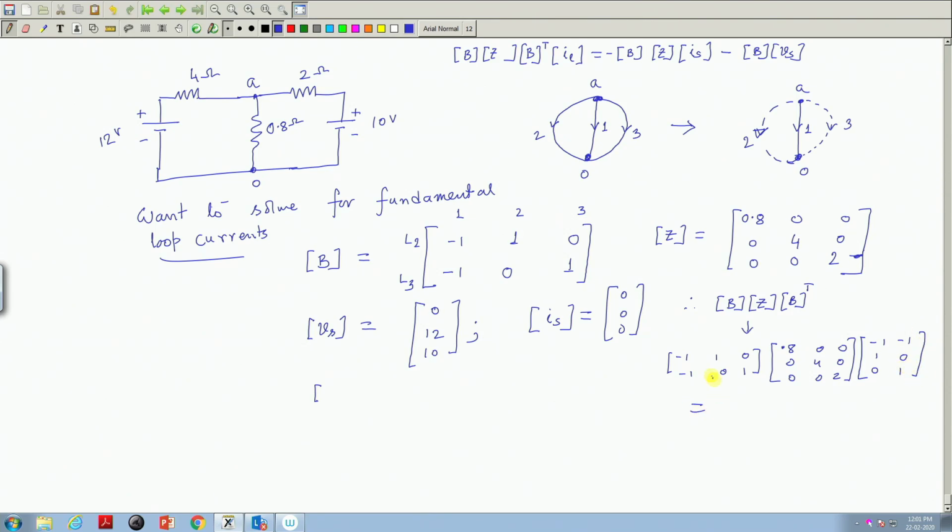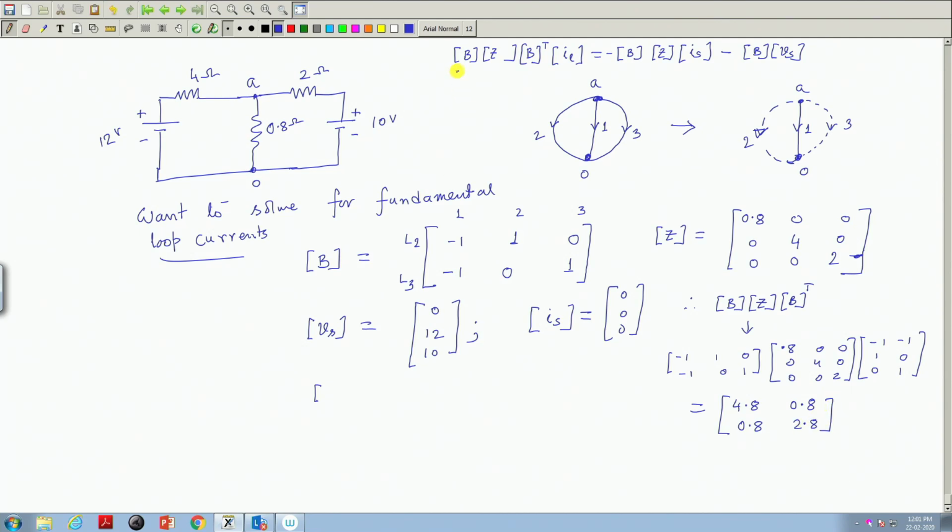If you calculate this, then the Z matrix, hopefully it has been correctly calculated, will become equal to 4.8, 0.8, 0.8, I mean the second row, 2.8.